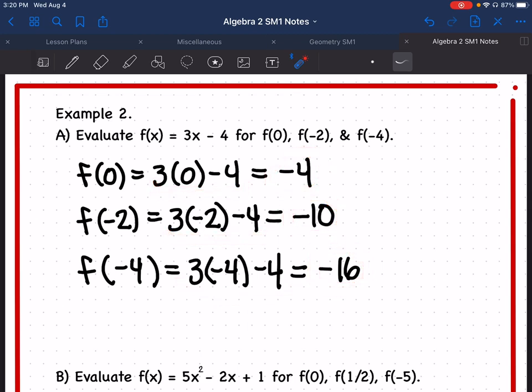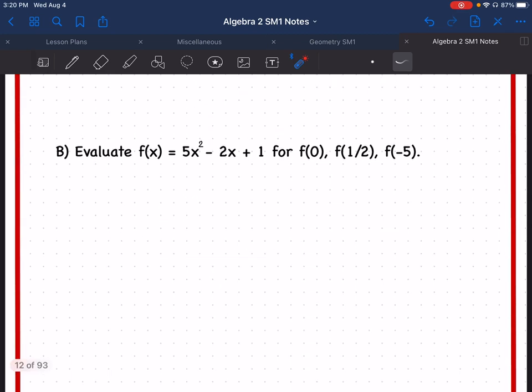Okay, let's try one more. The reason I want to try this one is take a look at this one right here. Same thing, evaluate f of x, and we're going to do 0, half, and negative 5. All right, here we go.